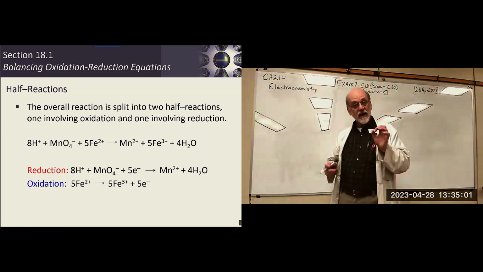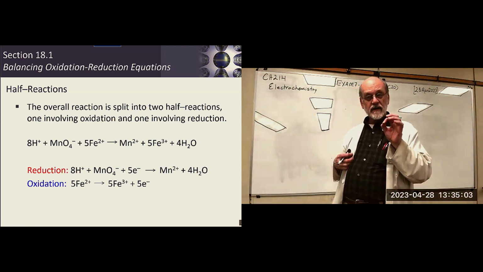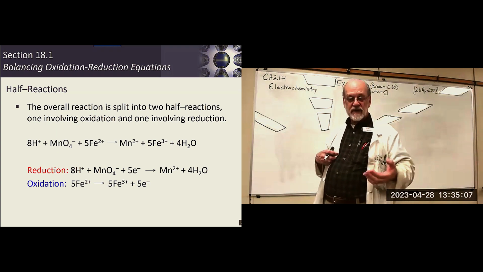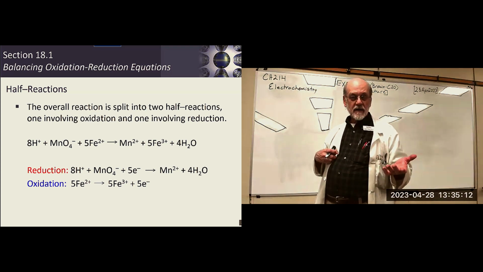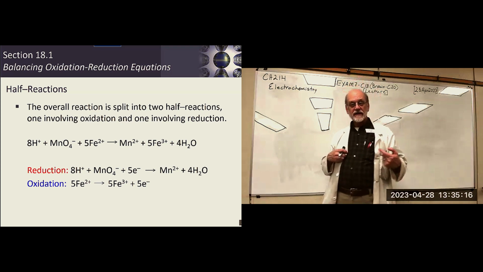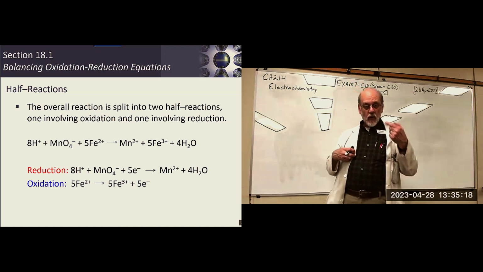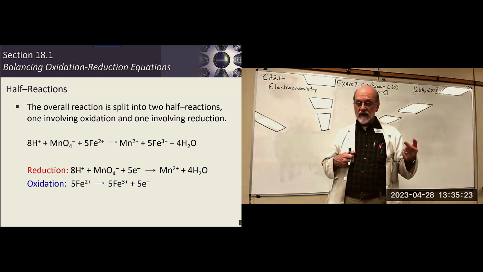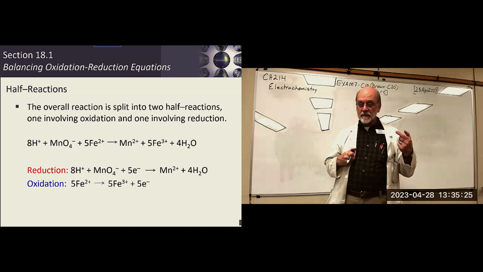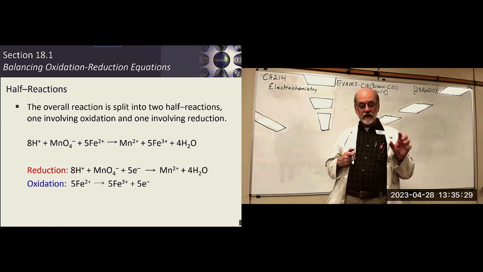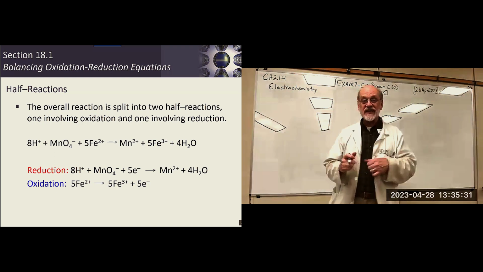You may not be given those hydrogens and waters if you try to use the simple budgeting method. They may not be there. But since these reactions occur in aqueous solution, and we know that water very often is a reactant or a product of oxidation reduction reactions, we have to be sure and include them in our balancing scheme.